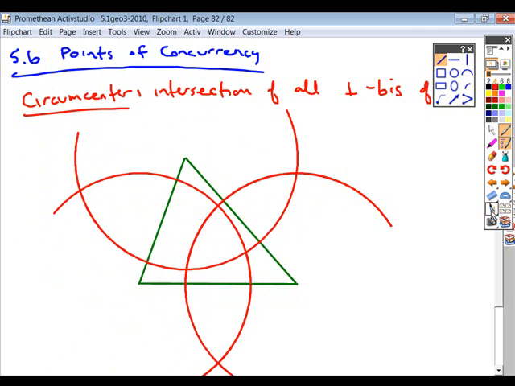Does everybody see what I did there? You can even do a full circle from each vertex of your triangle, as long as it has the same radius.